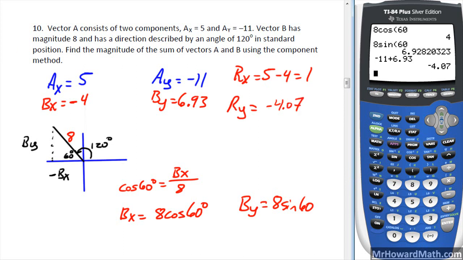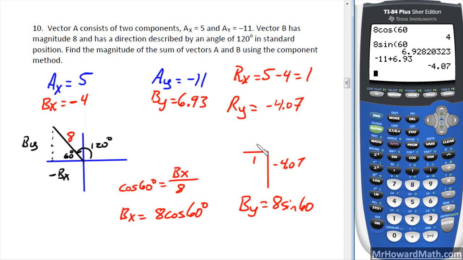So we make a resultant triangle out of that. We'd be going negative in the y direction, positive in the x direction. Let's do it this way. So this side would be 1, and negative in the y direction, so we'll go down like this, and that's negative 4.07.